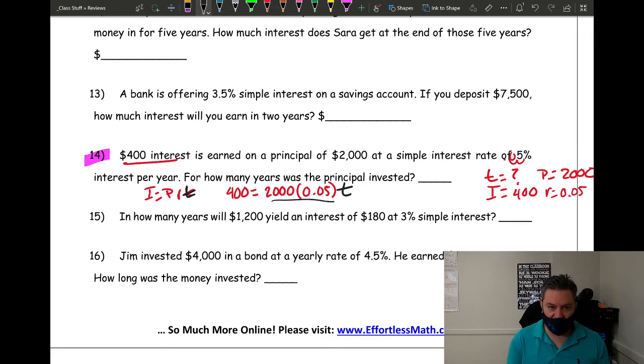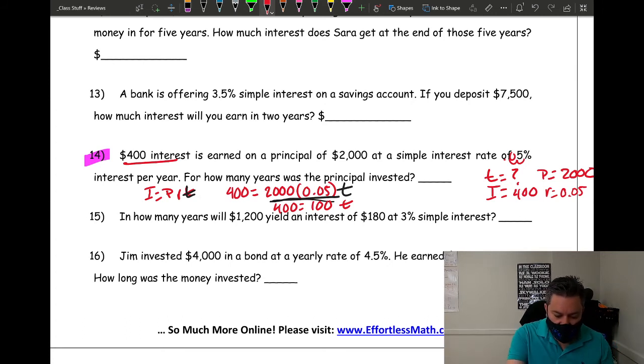Add 3 zeros, that's 10,000. And then move 2 places to the left. Or if you don't know what to do, just go ahead and multiply. That's going to be 100. So now this part right here is going to become 100t. And on this side, you have 400.